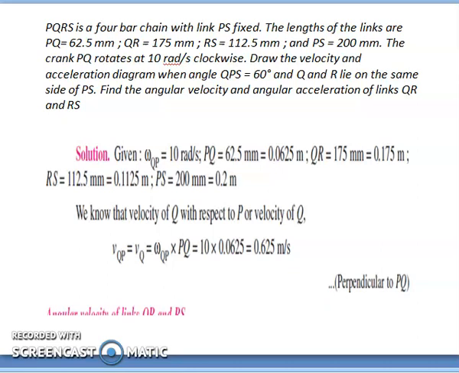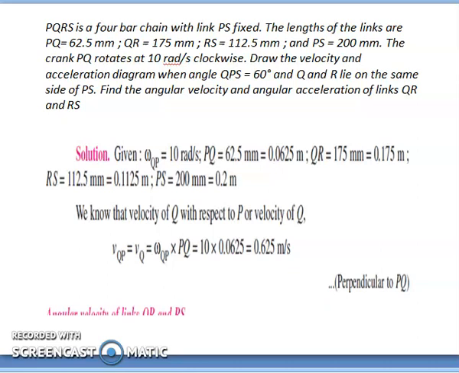So, PQRS is a 4-bar chain with the length PS fixed. The lengths of the links are PQ is 62.5 mm, QR 175 mm, RS 112.5 mm, PS 200 mm. The crank PQ rotates at 10 radians per second clockwise.